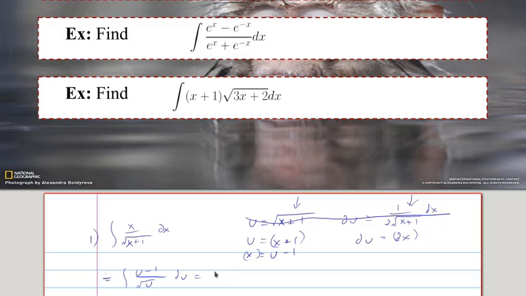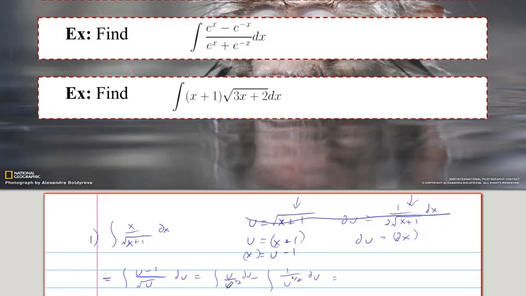And now I can split that up into their own fractions. So this is integral of u over u to the 1/2, let me call this u to the 1/2 instead of square root, just because integrating is a little easier. And then minus the integral of 1 over u to the 1/2 du.